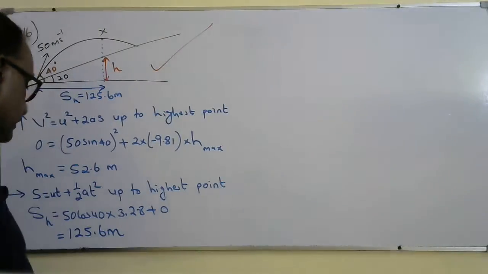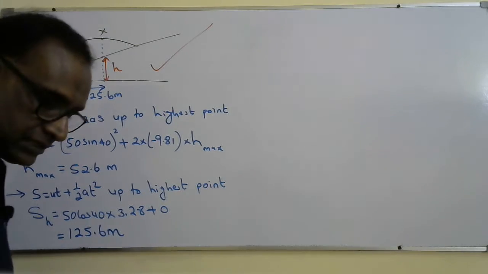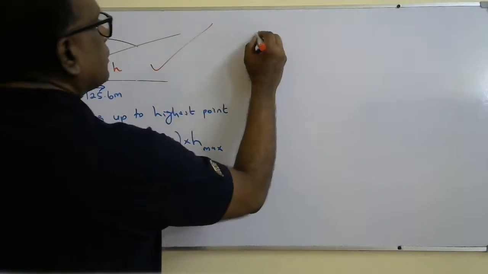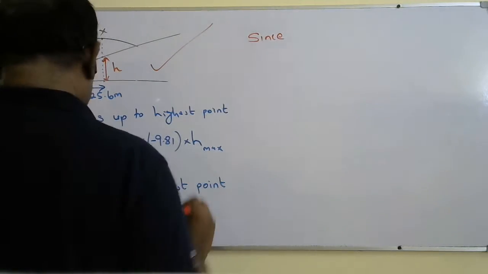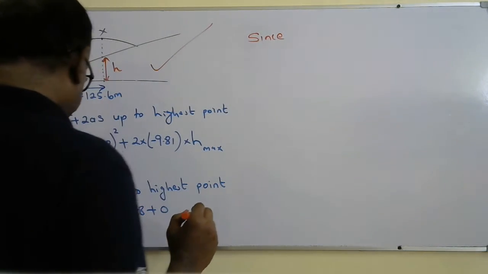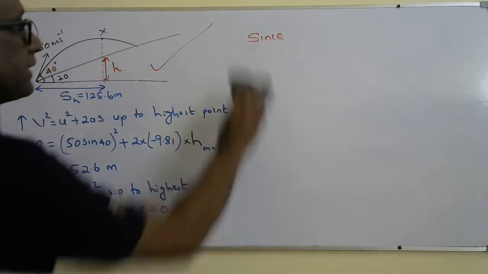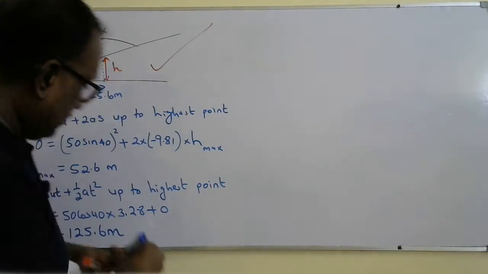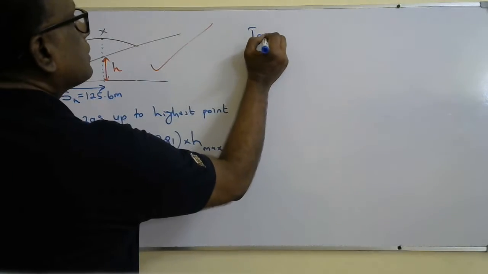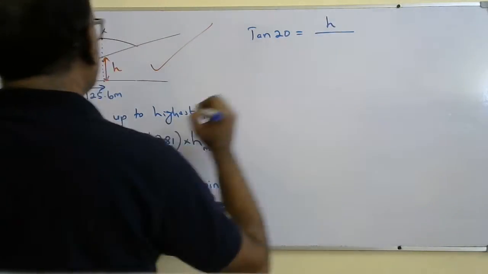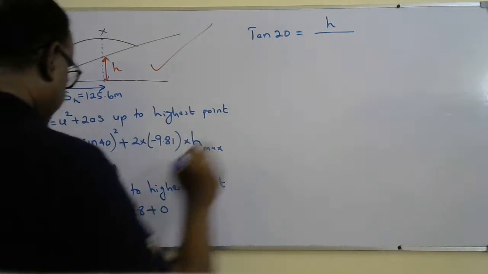So you should write the final conclusion, since that we found it earlier. I erased it, sorry, I write it again: tan theta equals tan 20 equals h over 125.6.